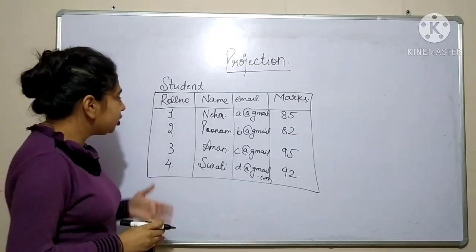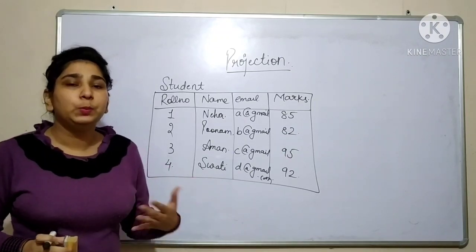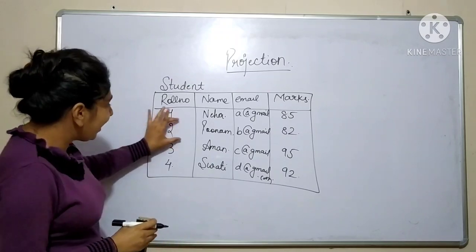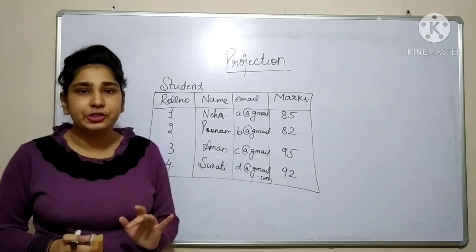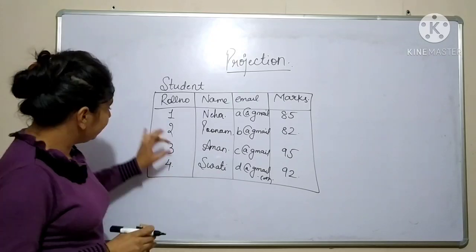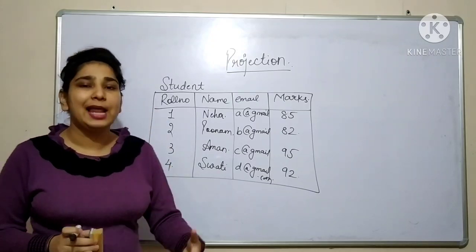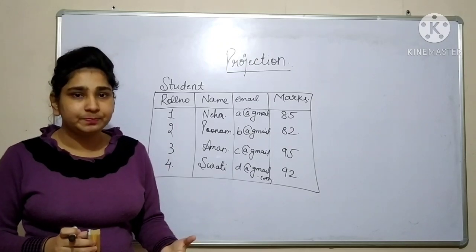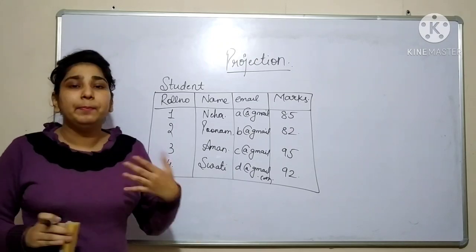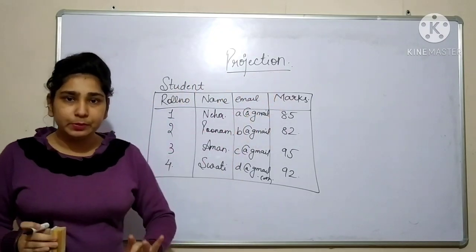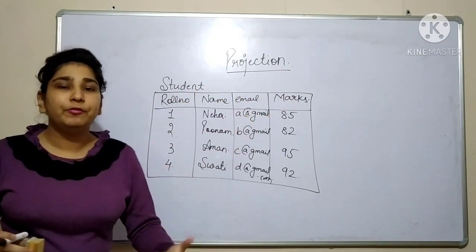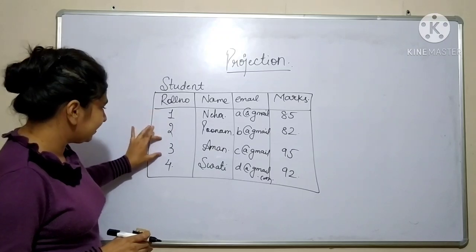In the selection operation, what we discussed is that if we have to select any tuple of the relation, we can use the selection operation, by imposing some conditions on the attributes, to fetch the tuples.